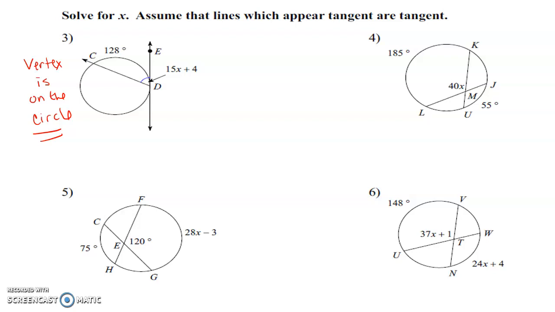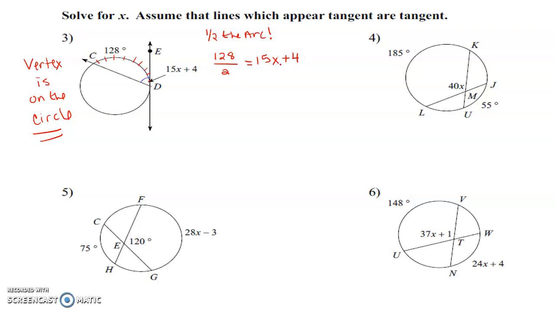And remember, with an inscribed angle, the vertex is also on the circle, and it equals half the arc that it has captured. So we're looking at this arc right here that has been captured by this angle. So I know that 128, that's the arc, divided by 2 in order to get half of it, equals that angle measure of 15x plus 4.